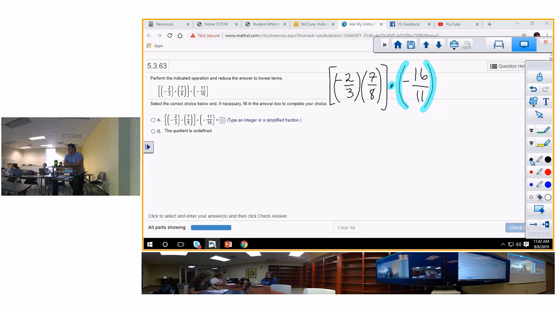Why? Because that 2 and that 8, y'all can cancel them out. 2 and 8, 3 times 4, and that'll give you 3 times 4 is 12. 12 and 16 is cancelable. So I don't understand why you're using the calculators. I see a couple of people.